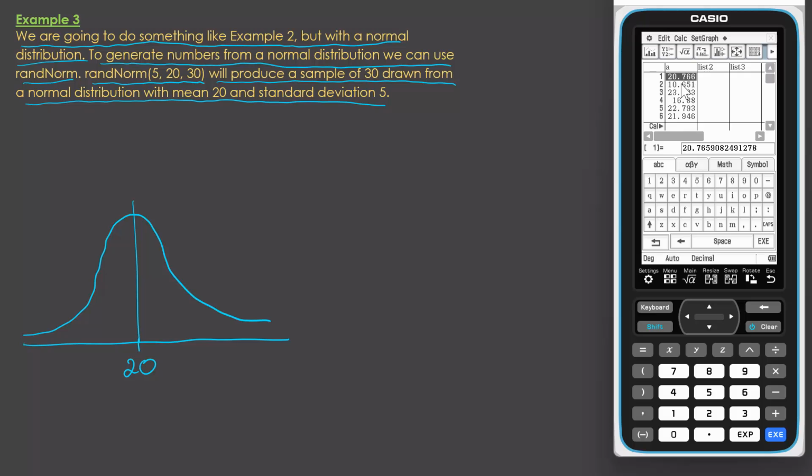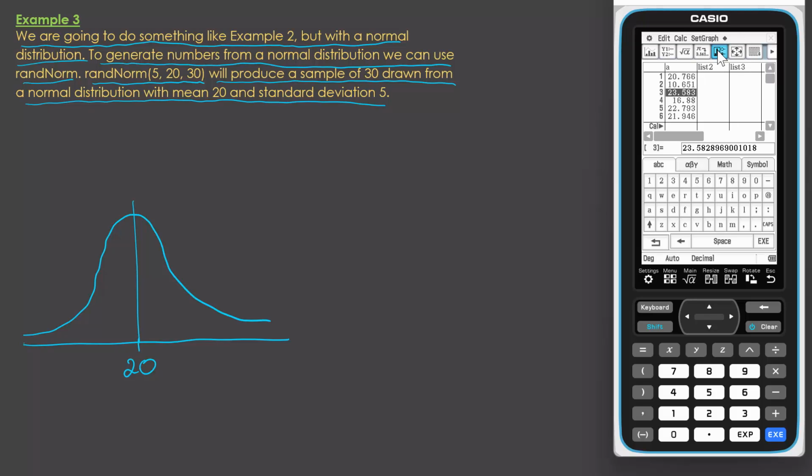It's given them to me as a decimal, and I'm wondering in the last example if using the variable A made it give it to me as a fraction. But we can see our numbers here, and of course we should have 30 of them. So let's just go down, and there we go. We do have a sample of 30.